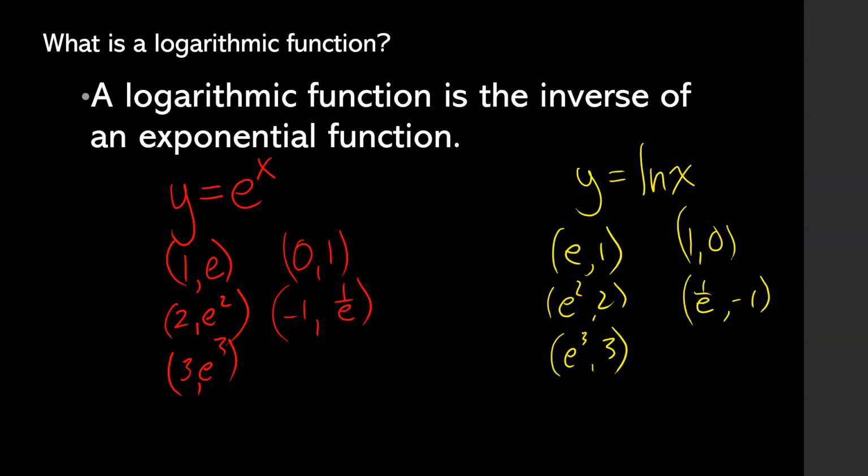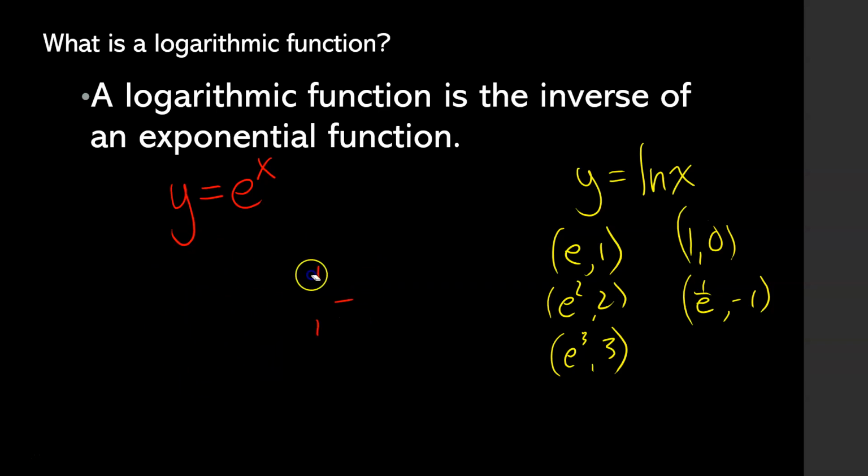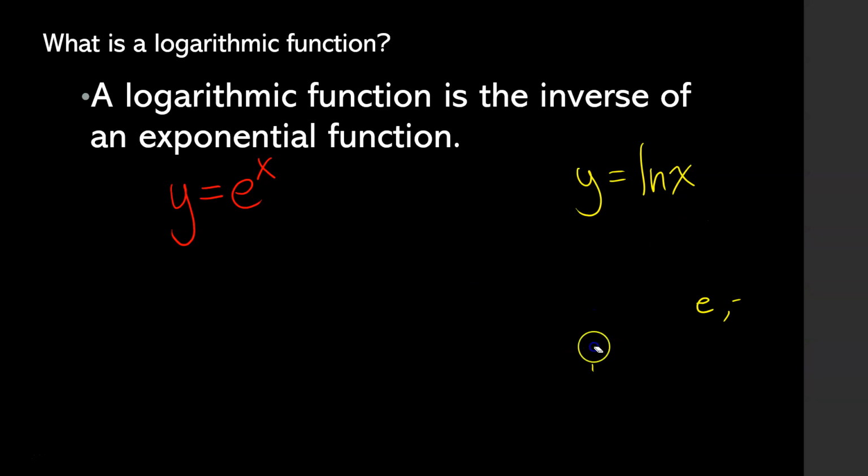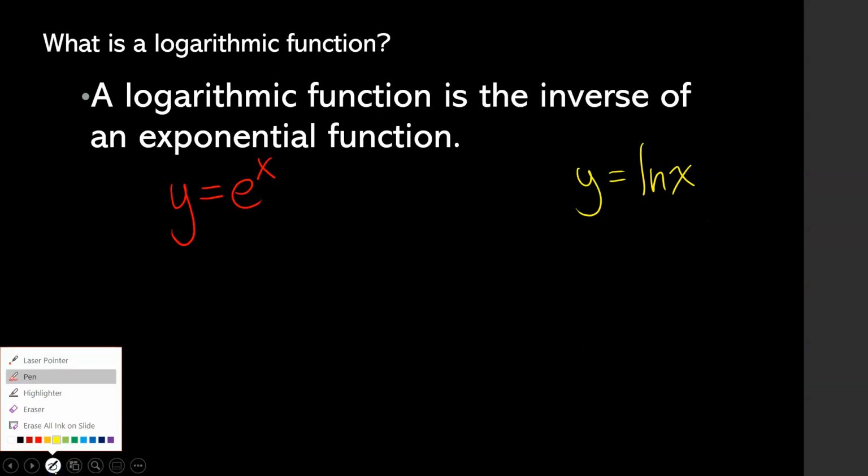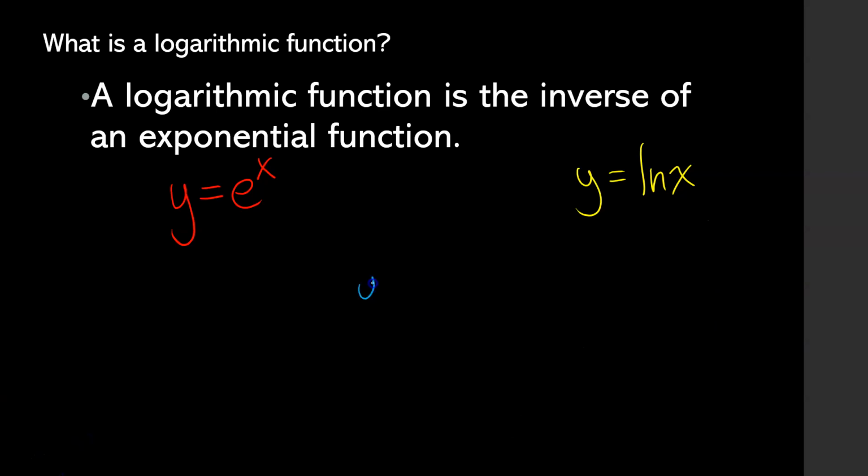And so another thing that's true about inverse functions, especially one-to-one functions like e to the x and natural log, is they undo each other. What do I mean by undo? Well, if you did y is equal to e to the power natural log of x, you would get x.